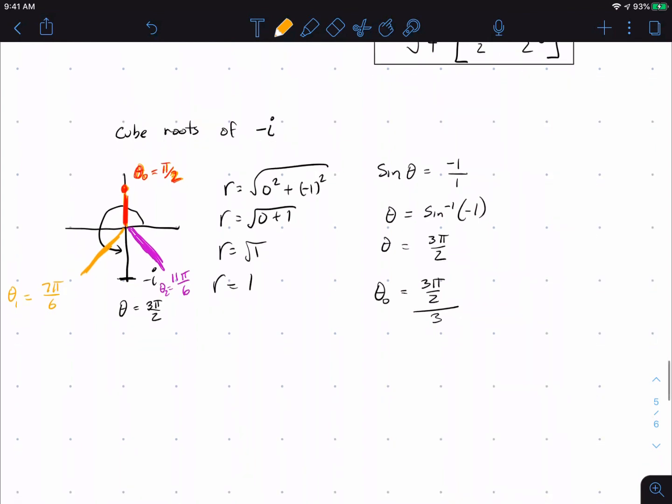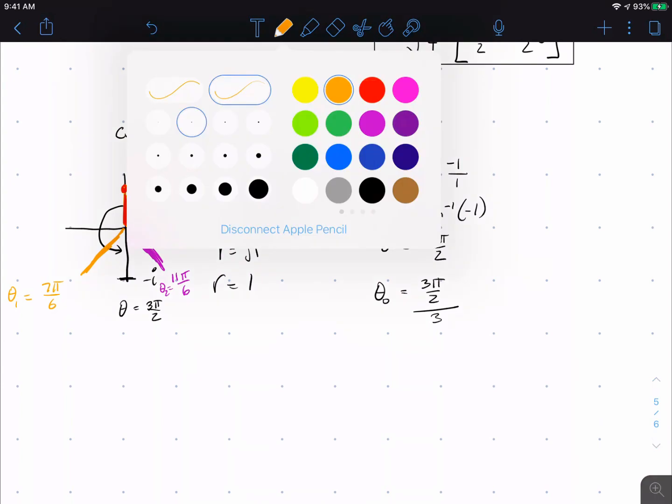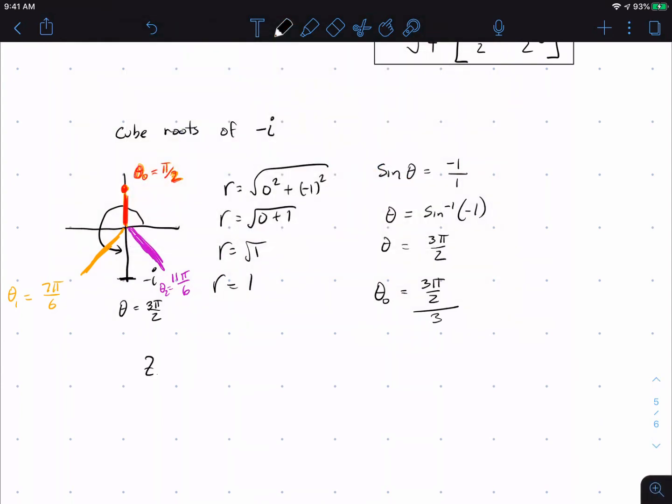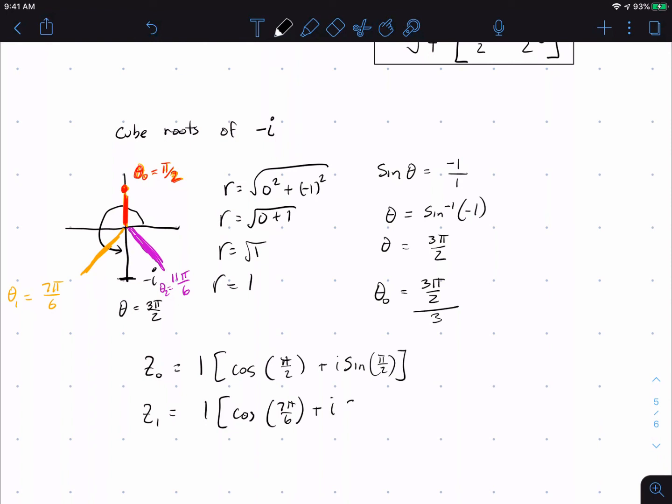So then, since I have those 3 angles, I know the radius, I could go find each one of them. So z of 0 would be 1 cosine of pi over 2 plus I sine of pi over 2. z1 would have been 1 cosine of 7 pi over 6 plus I sine of 7 pi over 6.